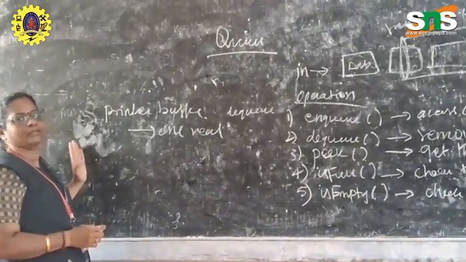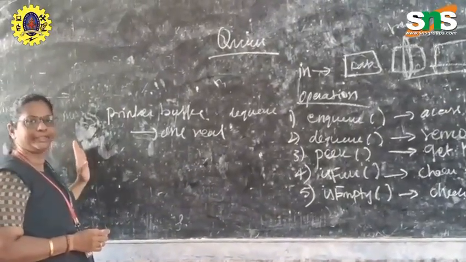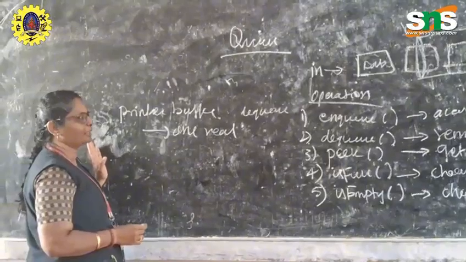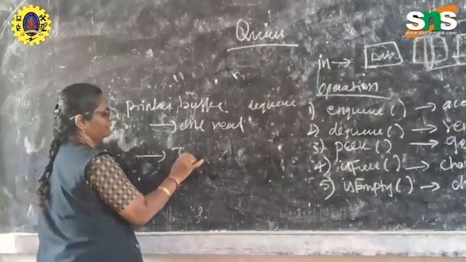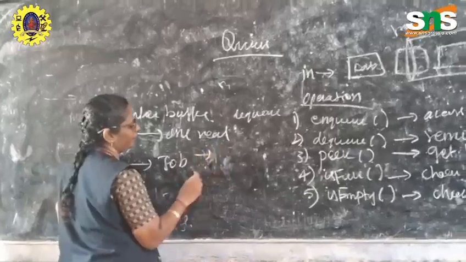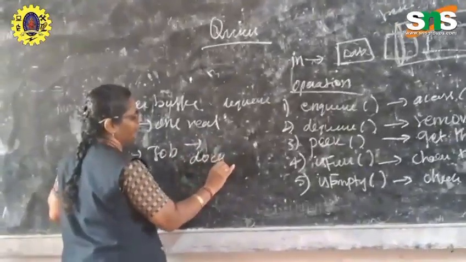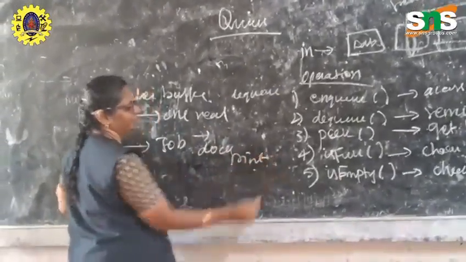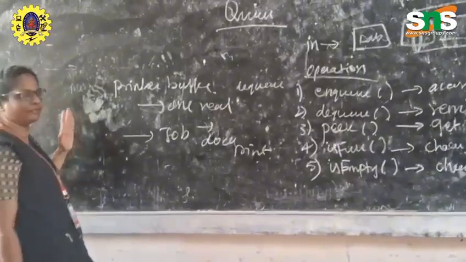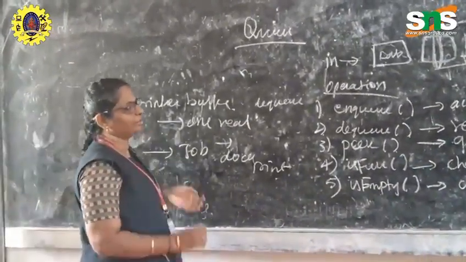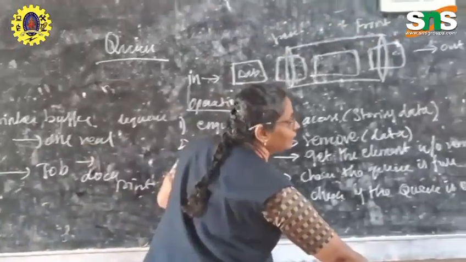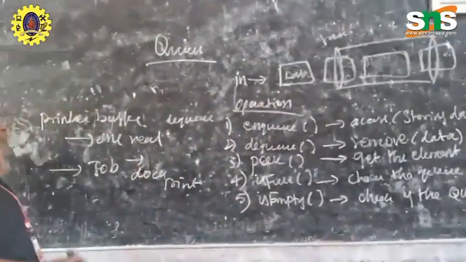The recent job or printing document will be executed in a queue concept. In the buffer it will store as a queue concept. So it's one type of example in a queue concept.